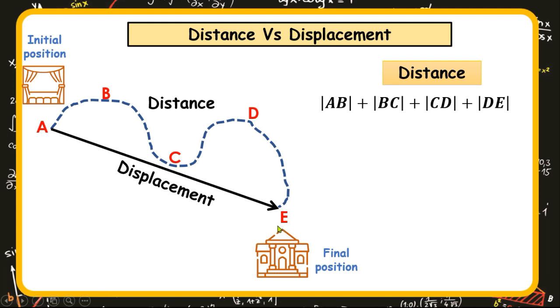So remember, we said the shortest distance or the shortest route to cover a particular path is the displacement. And we also said it is the distance traveled by a body in a specified direction.